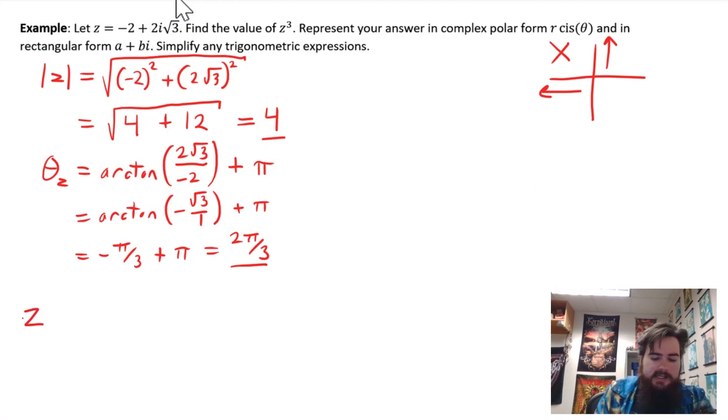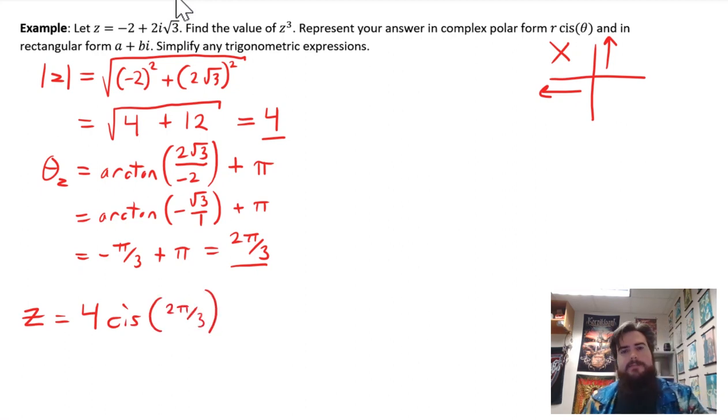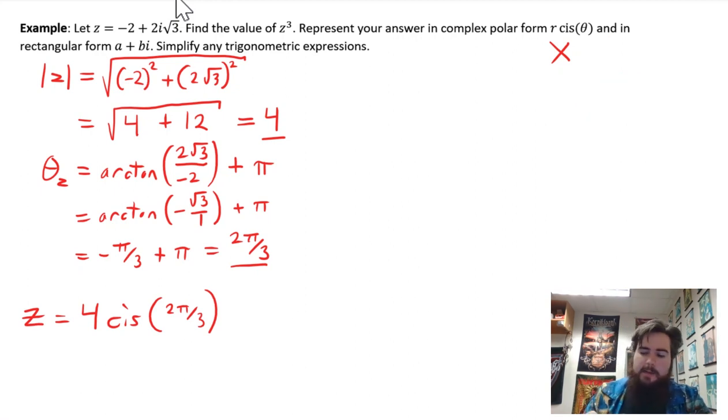Meaning I can write z as the number 4 cis of 2 pi over 3. So we have taken z and written it in complex polar form. That way we can more easily take the high power of this complex number. In this case, just to the third.